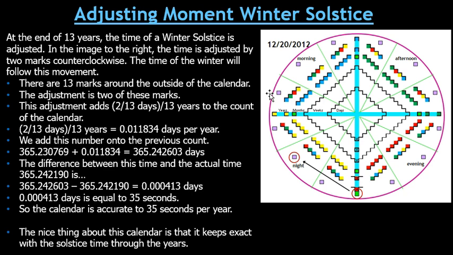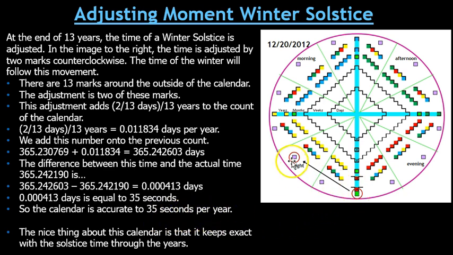And this calendar will track solstice times for years upon years upon years. After 100 years, you'll only be an hour off. And if you know scientifically how to make that adjustment, you can just make the adjustment for an hour and the calendar will be back to being exact again. So it's a very simple calendar. So you can read over here, but once you go through making this adjustment, at the end, the calendar becomes accurate to 35 seconds per year.